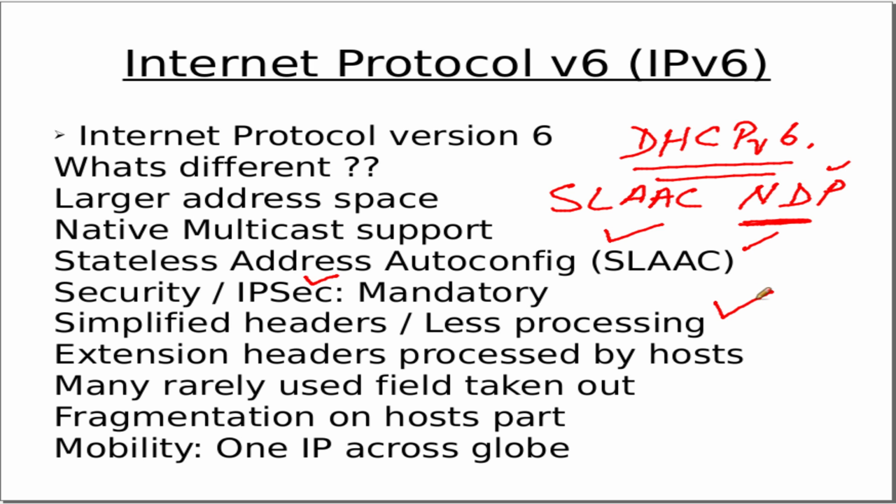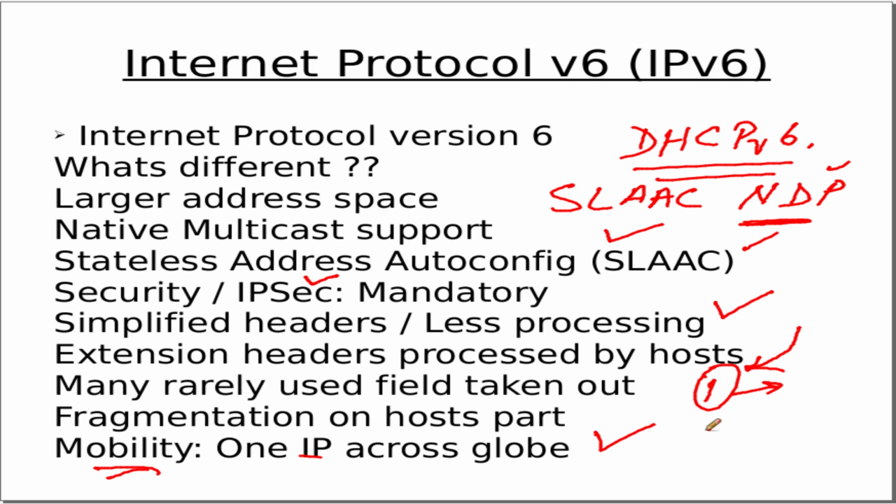Besides that, it also provides us the functionality of mobility. So if you have one IP address, let's say in one country, by virtue of this mobility feature, you can take that IP address anywhere in the world and use it. It will stay unique, and the ISPs or service providers shouldn't have any problem catering for this IP address.